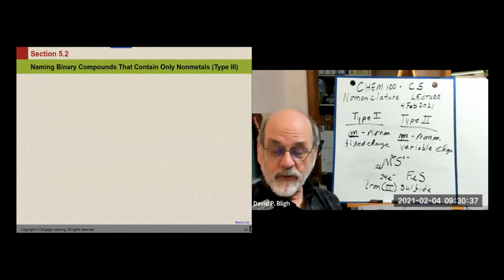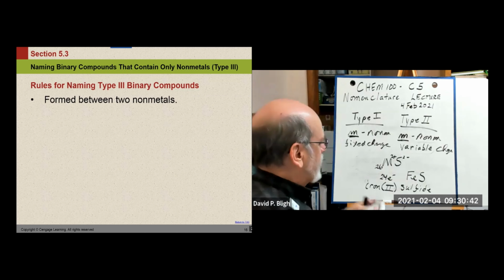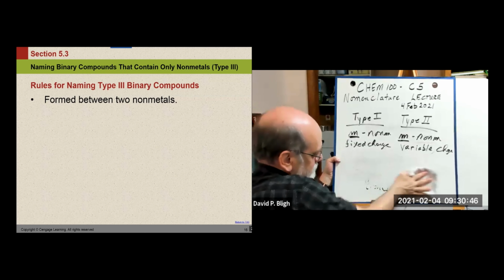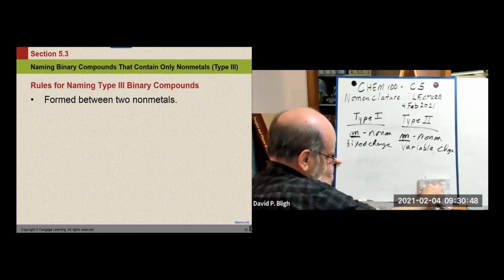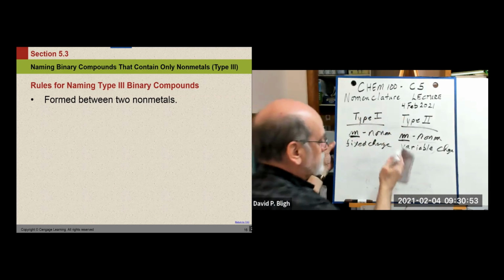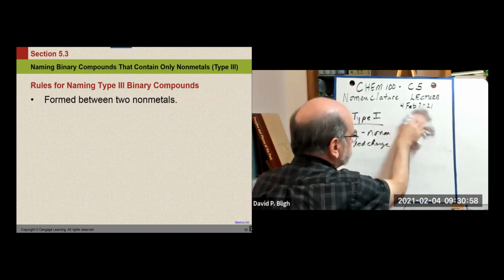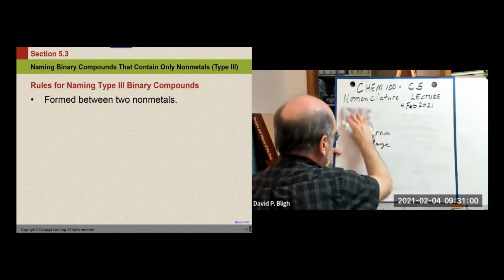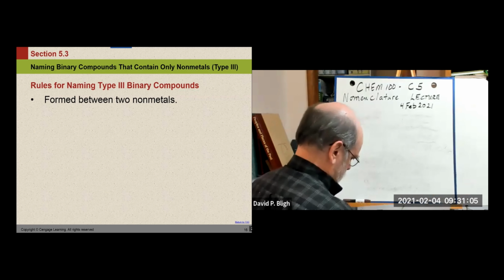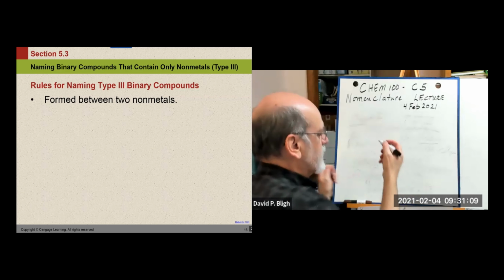Okay, type 3 compounds. Type 3 compounds are formed between 2 nonmetals. So I need some room, so I'm going to erase this type 1 and type 2. Okay, type 3.